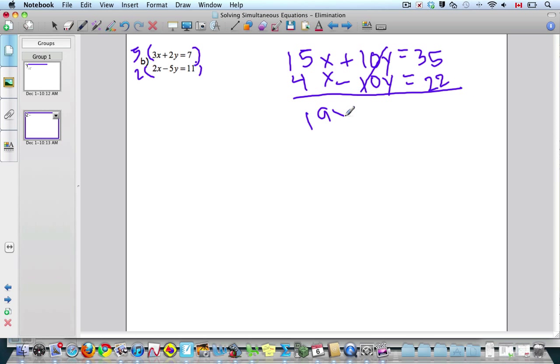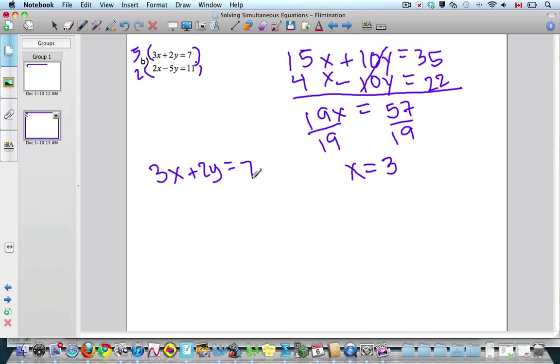Adding them up, we get 19x equal to 57. X then is 3, I hope. Yep, I agree. Okay, and then plug it into either one of my equations. So I'm going to pick the top one: 3x plus 2y equals 7.